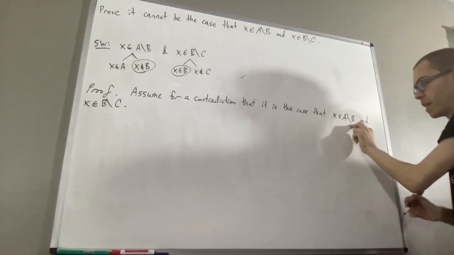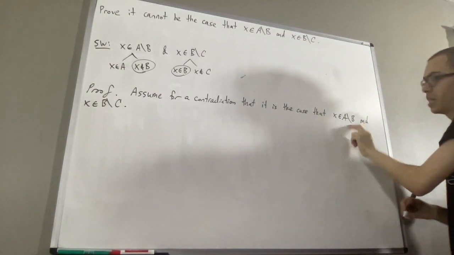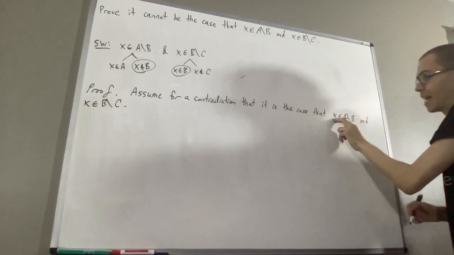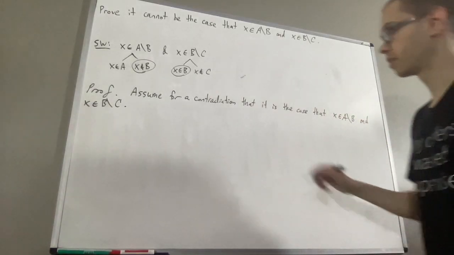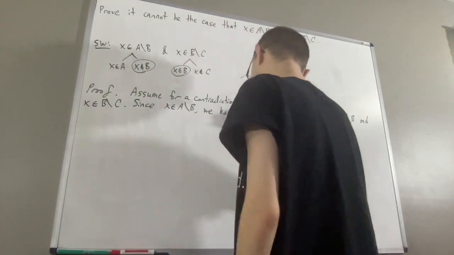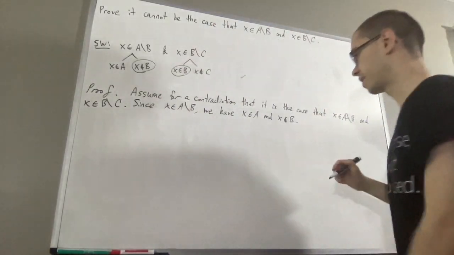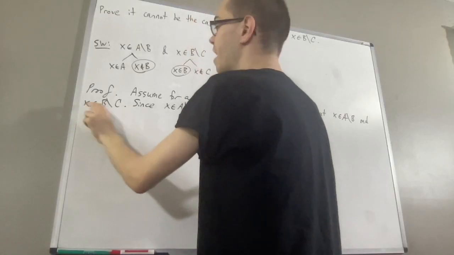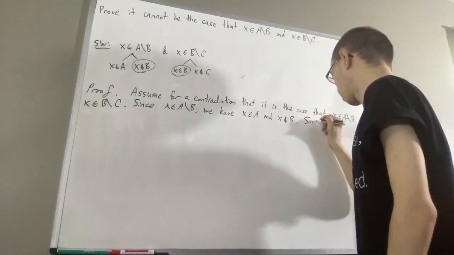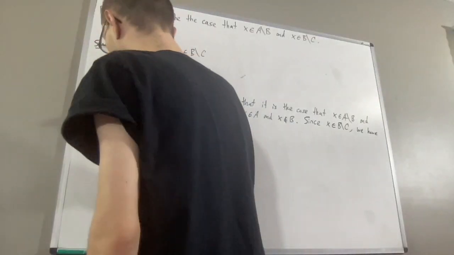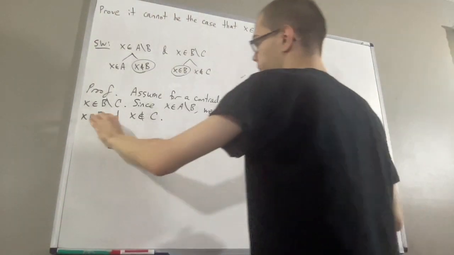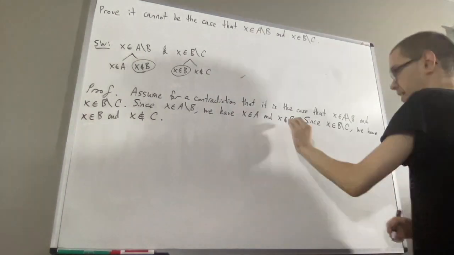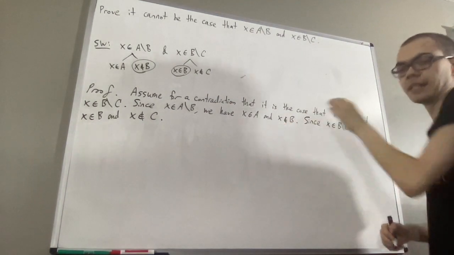Since x is an element of a set minus b, then that means x is an element of a and x is not an element of b. But then, since x is an element of b set minus c, that means x is an element of b and x is not an element of c. And now we see we have x is an element of b and x is not an element of b, and that's a contradiction.